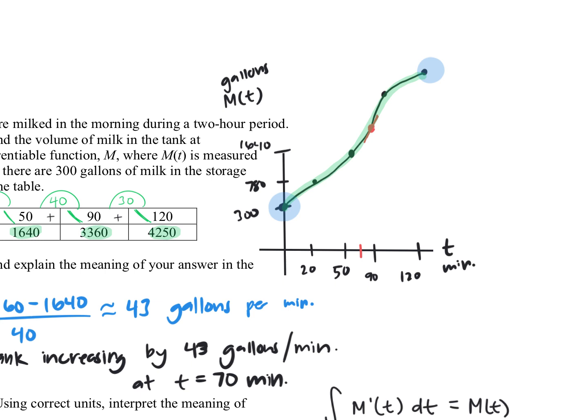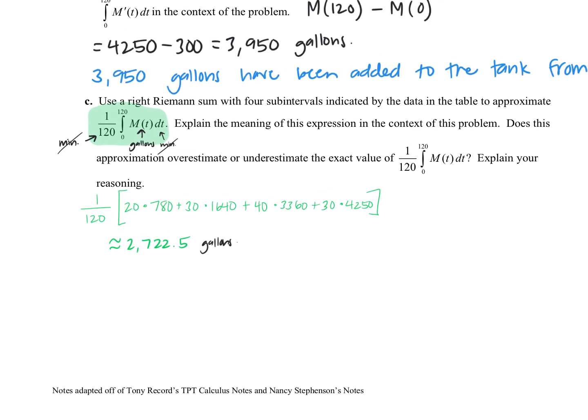So that's somewhere up in here. Actually, probably a little lower. It's actually probably about where I drew that red line there, okay? A little bit higher than that 1640, but not quite all the way up to that 4,250, okay? So we're finding that average there between those two. Cool.